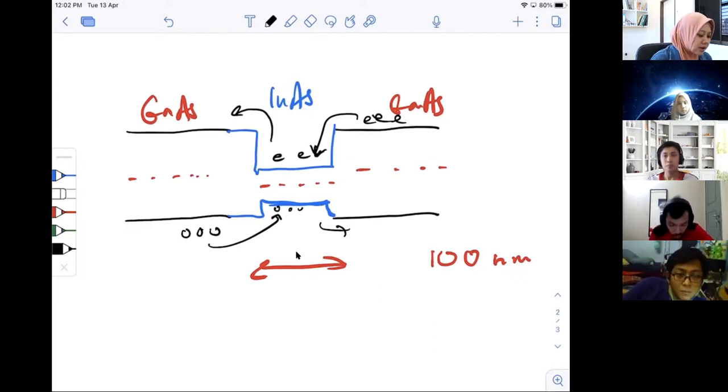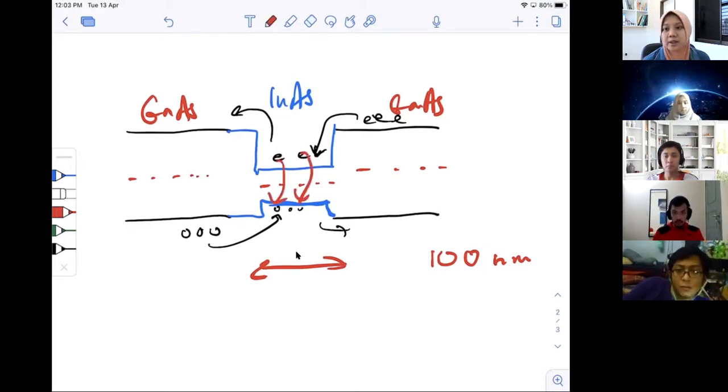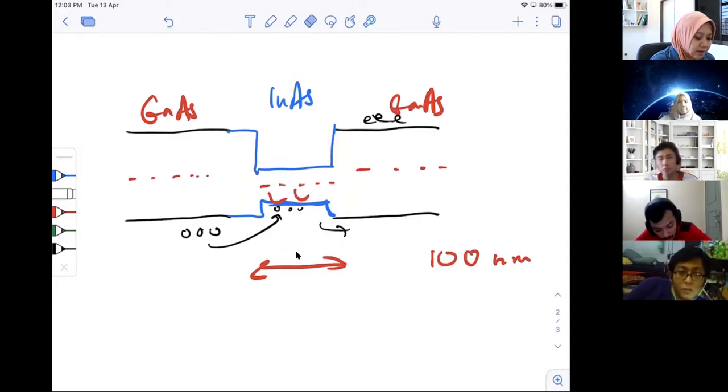Okay, so why is it good? Because then it means that you can have recombination. The probability for recombination is higher because you have already confined the electron in this space. Okay, so that is one advantage, satu confinement. Satu lagi, let's talk about discrete energy level lah.